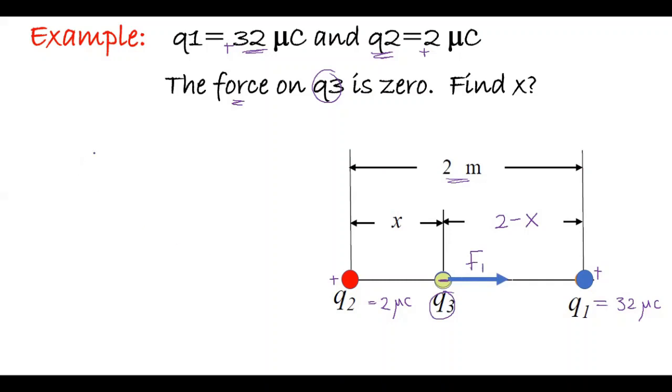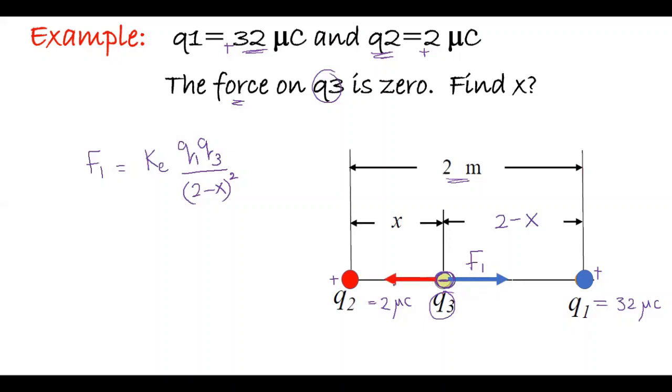So the magnitude of F1 will be KE, Q1 times Q3, divided by the distance between them, 2 minus x squared. And the other force acting on Q3 will be due to the presence of this red charge.